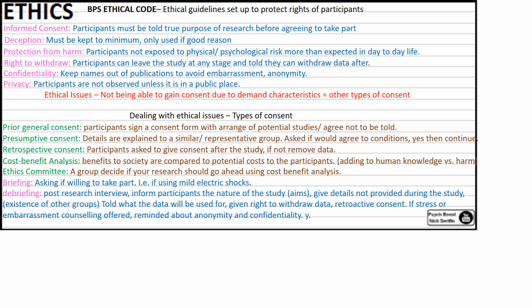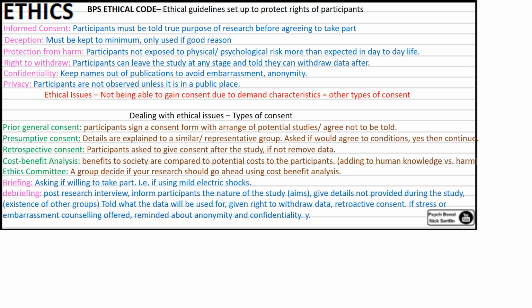One key thing is the existence of other groups. If they've taken part in condition A and it was a dependent groups design and someone took part in condition B, you tell them about condition B. You tell them what the data is going to be used for. You say that they can withdraw the data. This might be the time to get that retrospective consent.